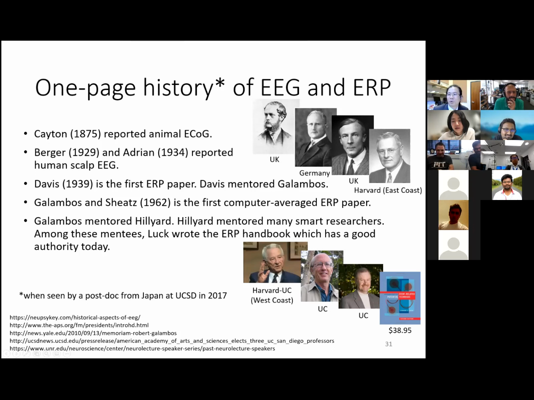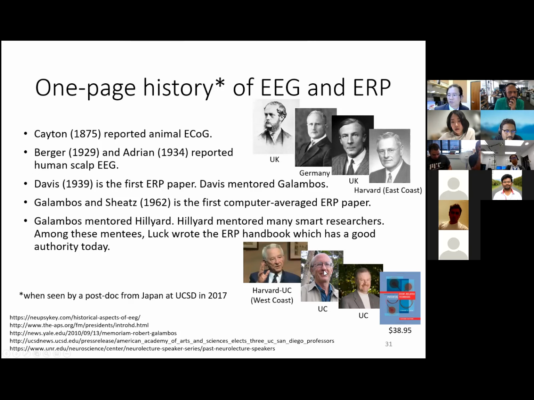But my point is that this is the UK, Germany, UK, and Harvard, because he studied in the UK and he was from Harvard. So he brought EEG research back to Harvard, East Coast. And Galambos, this guy, was at Harvard, but he moved west. So he brought this EEG research from the East Coast to the West Coast.